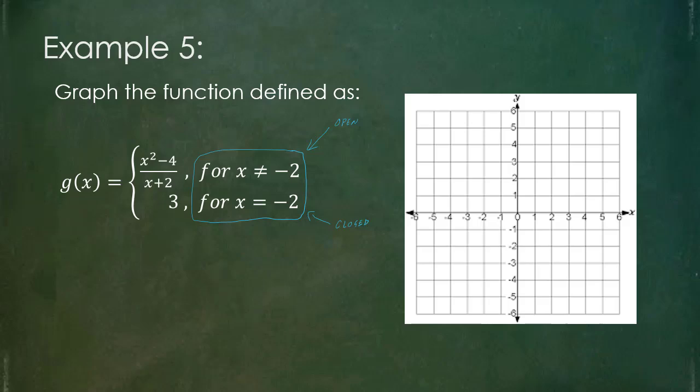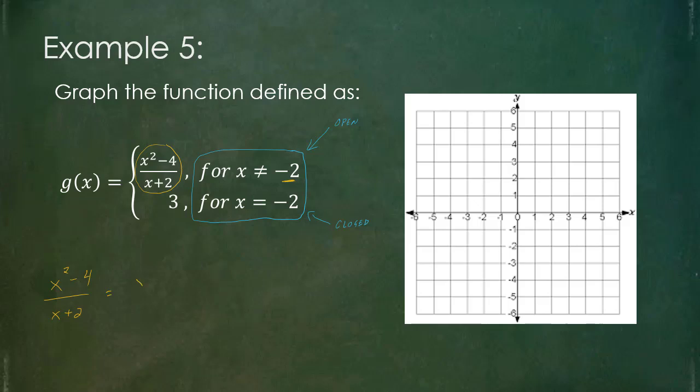And if I look at the two situations here, I've got this expression, which is a little bit ugly, that maybe I could try factoring. So x squared minus 4 over x plus 2. It is undefined at -2 because it would make the denominator equal 0. So that makes sense why I had to say for x not equal to -2, I could use this expression.